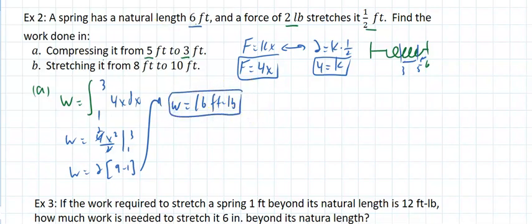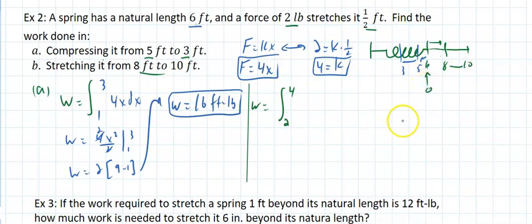And if we go for B, how about if you want to stretch it from 8 to 10? Again, the natural length is 6. If we go beyond its natural length, that's really stretching it from 2 to 4 with respect to 6. 6 is like the 0.